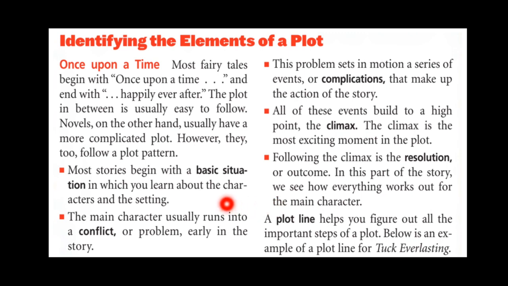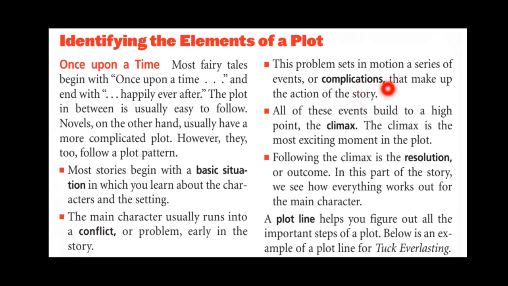So a plot line helps you figure out all the important steps of a plot. Below is an example of a plot line for Tuck Everlasting. So what is the first element? That is the situation. You need to know it in order to review the novel. What is the conflict? What is the main issue? You need to know that, and how the issue gets complicated.